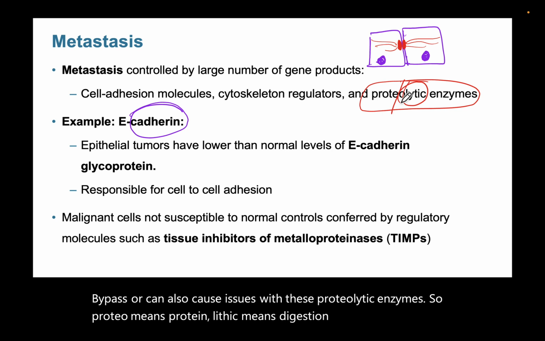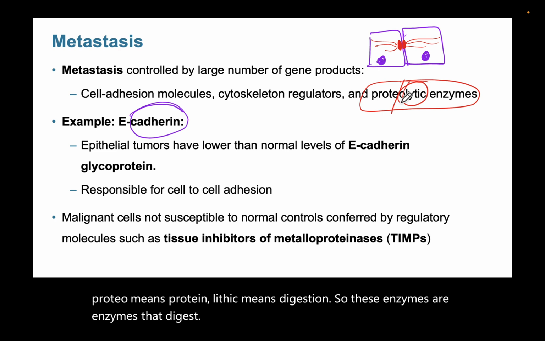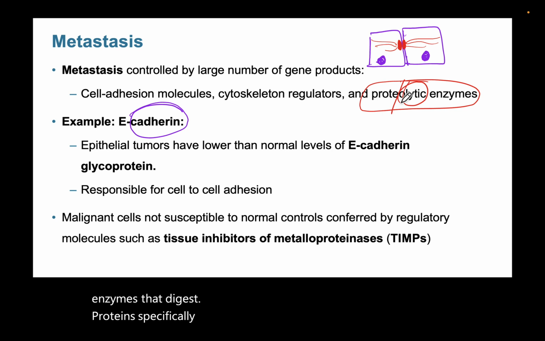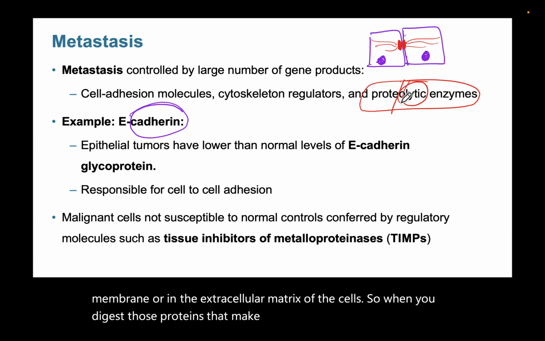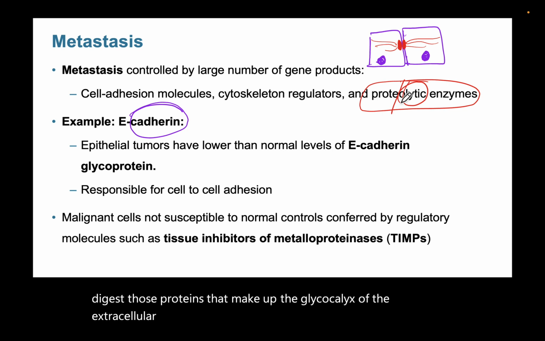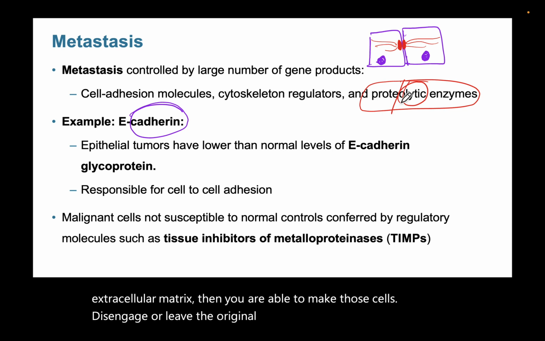So these are enzymes that digest proteins, specifically glycoproteins found in the extracellular matrix of the cells. So when you digest those proteins that make up the glycocalyx of the extracellular matrix, then you are able to make those cells disengage or leave the original mass of tissue.